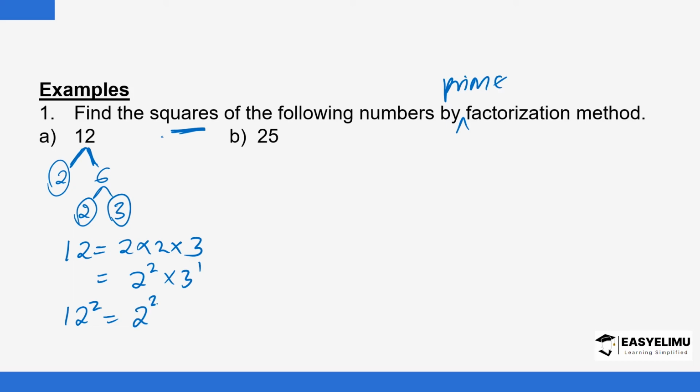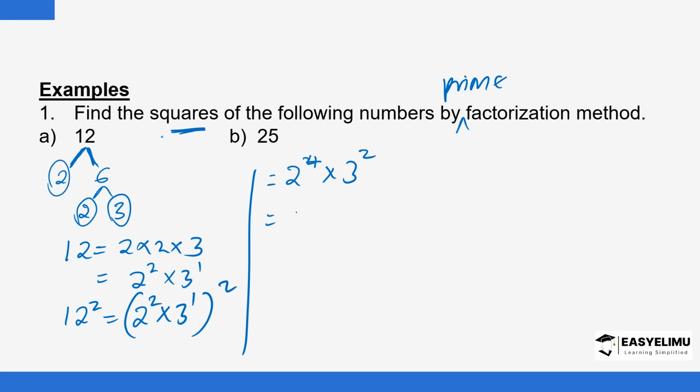So 2 power 2 by 3 power 1, but because it is squared, you raise all the powers to power 2. So you multiply this by 2 and you multiply this by 2. So this is going to be 2 power 2 by 2, which is 4, and 3 raised to power 1 by 2. Basically, you multiply all the powers by 2.